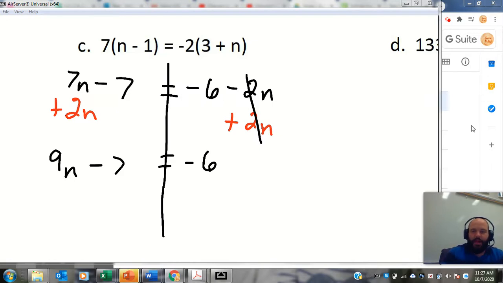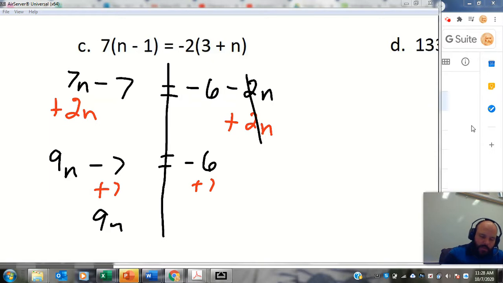So let's recap what we did. We distributed over here, and then we distributed this. Once we distributed and we got our new equation, we moved one of the n variables to the other side. And now that we've done that, we're left with a two-step equation that we can then solve by adding 7 to both sides.